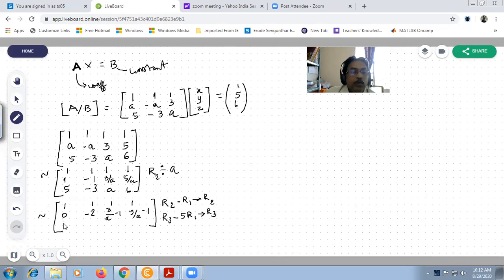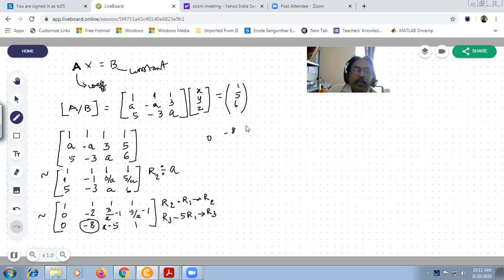You have 0, minus 3 minus 5 is minus 8, a minus 5, and 6 minus 5 is 1. Now we have created a zero. We have to make this entry 0 as well. For that you have to multiply by 4, giving 0, minus 8.